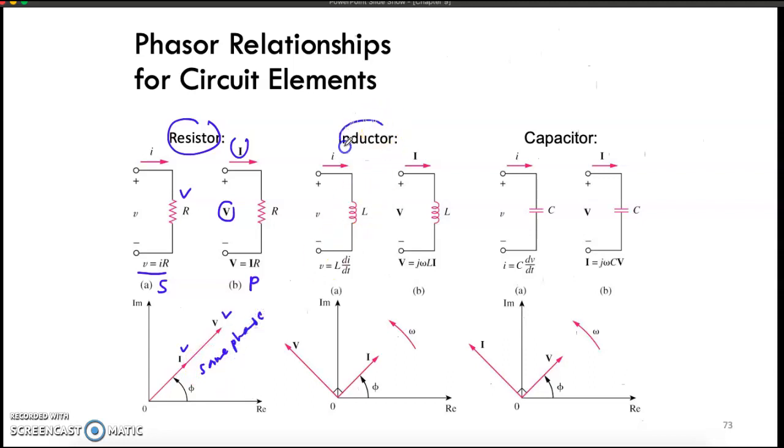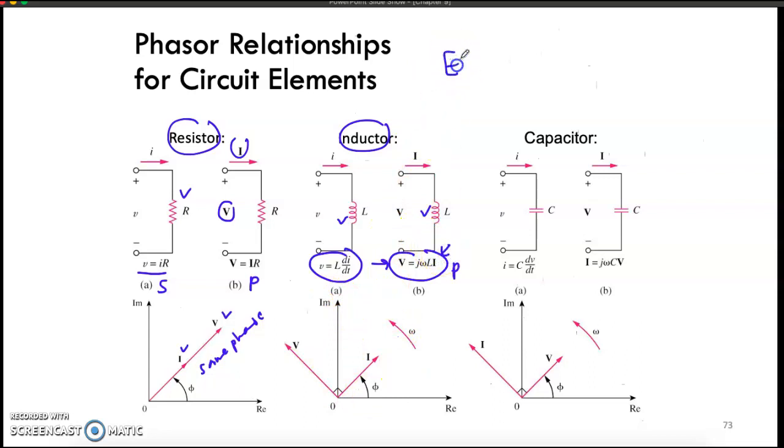Okay. How about the inductor? You represent this as the inductor, and you know the formula is V equal L di/dt. You transform to the phasor like the previous slide, then you can get this phasor form: V equal j omega L I. See the figure. This is a complex number, right?